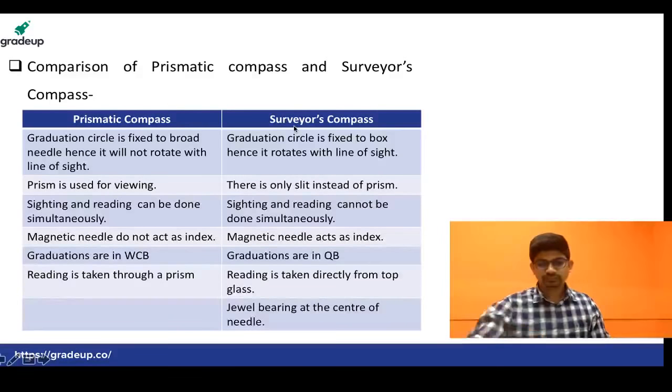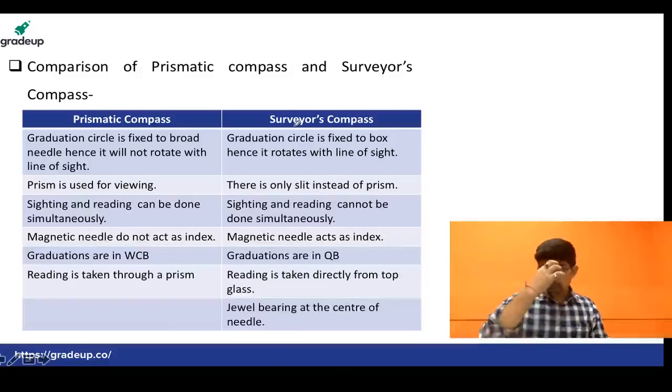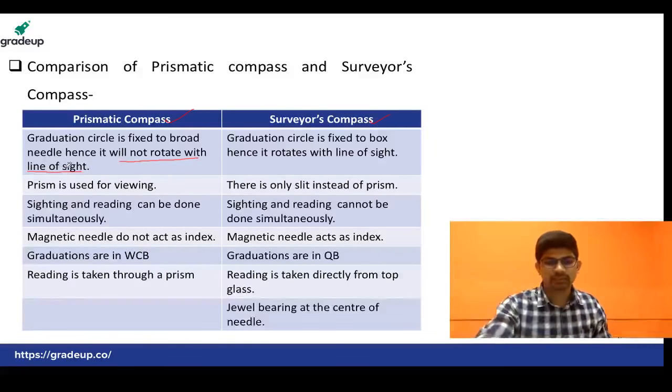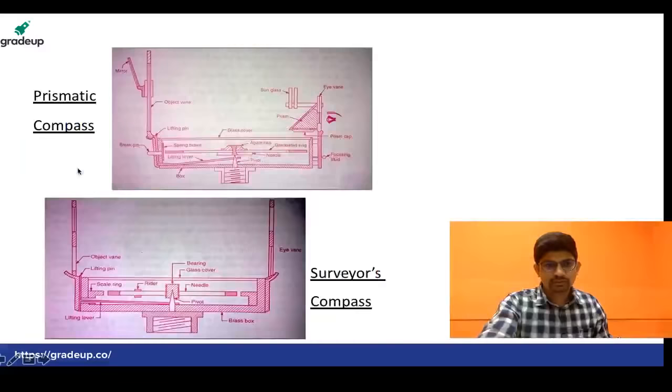Now, like I have told you, we'll take a comparison of prismatic and surveyor compass. In the prismatic compass, the graduated circle is fixed to the broad needle, hence it will not rotate with the line of sight. Now quickly let's go to this diagram. This is the prismatic compass.